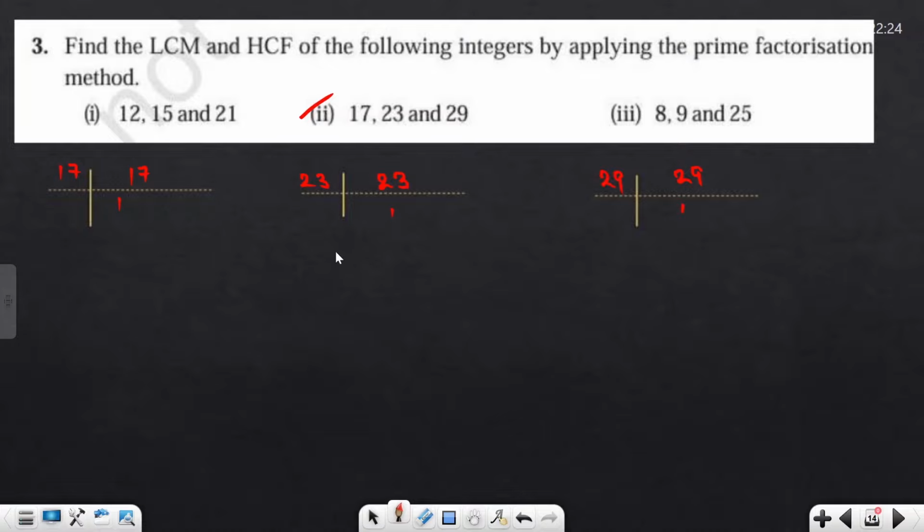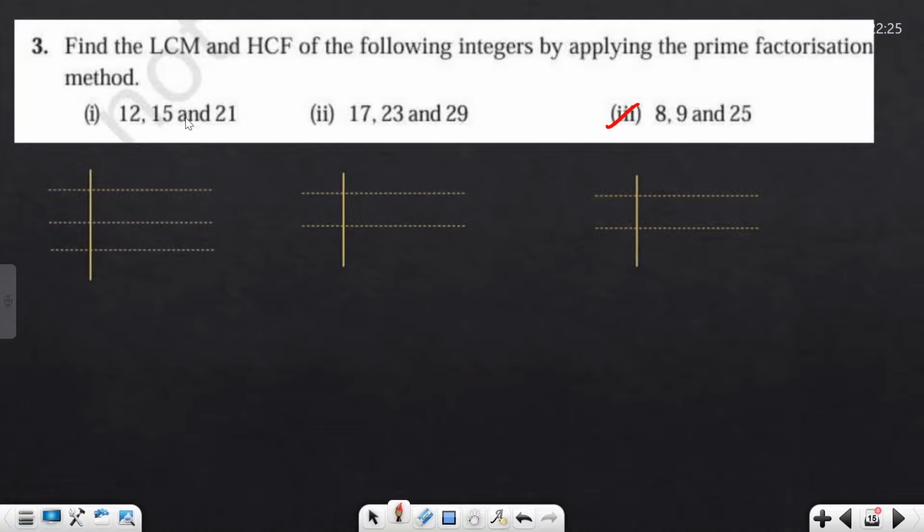If this kind of condition comes, all are prime numbers, nothing common in the numbers, then HCF is always 1, and LCM is the product of the numbers 17, 23 and 29. Multiply it yourself.